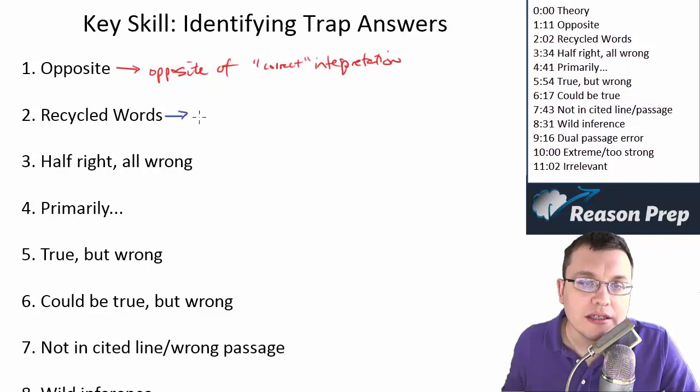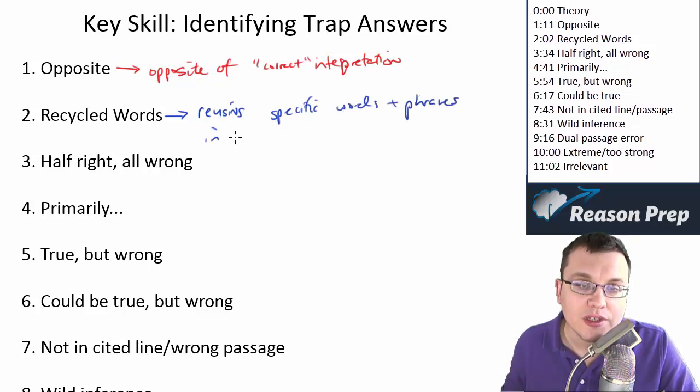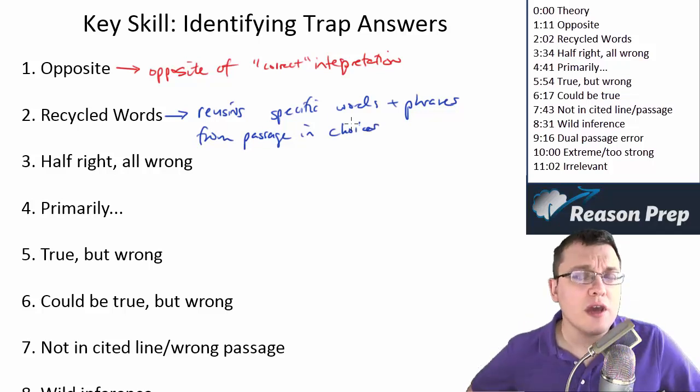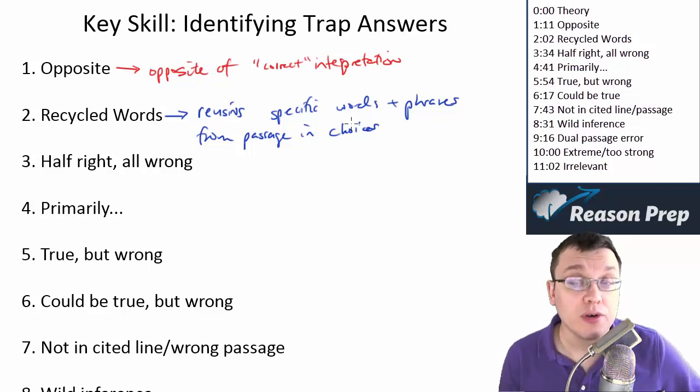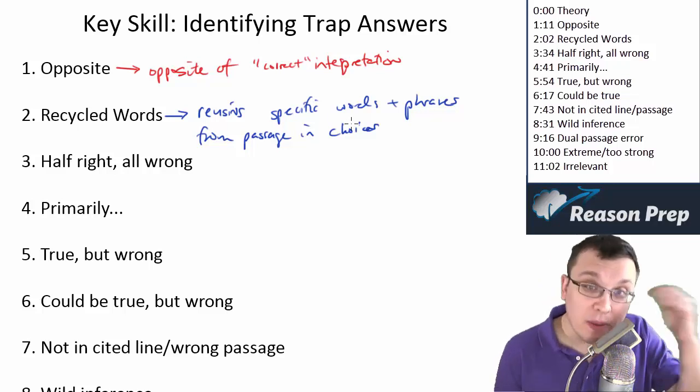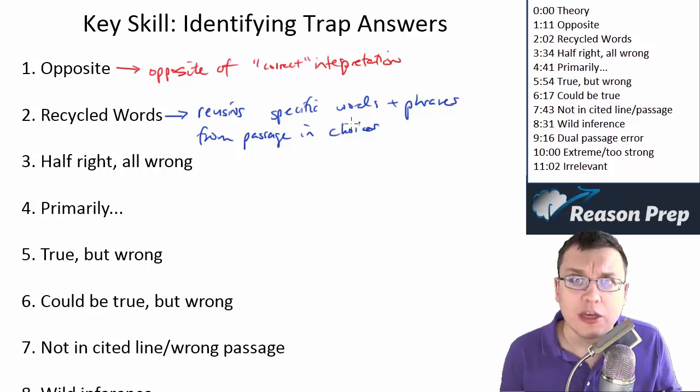Recycled words. This basically means reusing specific words and phrases from the passage in the choices. Now, on the old SAT, this used to be a much firmer rule where basically if you saw any words from the passage in the choices, especially very conspicuous, obvious, interesting words repeated in the choices, almost always that choice was wrong.